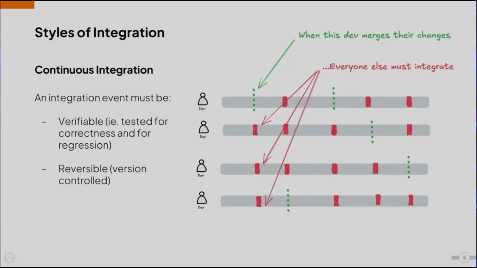But what makes continuous integration different from just pushing and pulling from a shared mainline is we want to make an integration event verifiable, meaning you don't want to break something that's already there. You want to prevent regression, and you also want to make sure that you are enforcing some level of correctness, right? So whatever you are adding to the state of the world should be correct, and you also want to make sure it's reversible in case your verification didn't work out as planned.